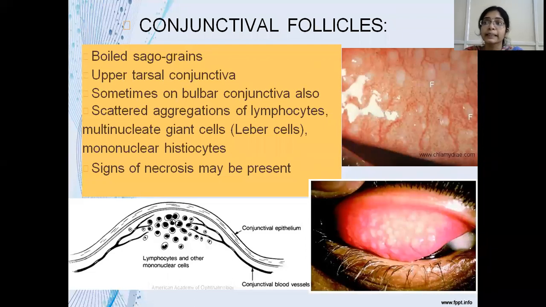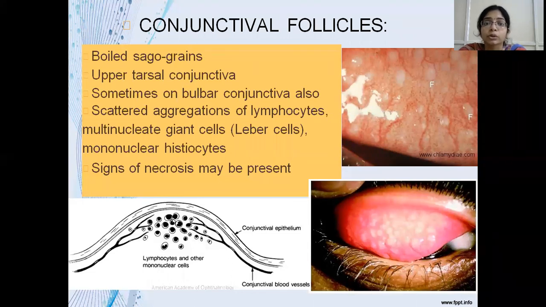Again, the location, please remember, trachoma typically affects the upper tarsal conjunctiva. So, the follicles and papillae, everything is typically seen in the upper tarsal conjunctiva. Now, please remember, papillae in allergic conjunctivitis are seen on upper tarsal conjunctiva, and in viral conjunctivitis, follicles are seen on lower tarsal conjunctiva.